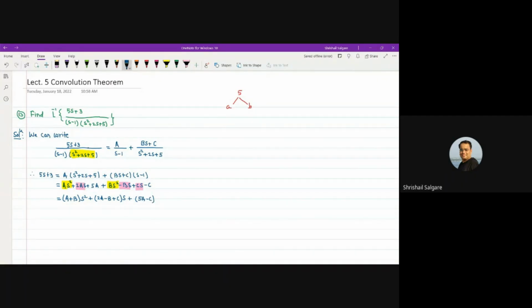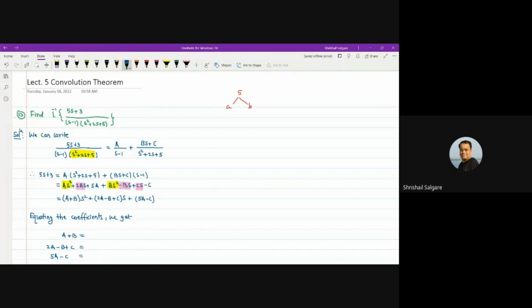Equating the coefficients, we will get A + B equal to, can anyone help me write the right side term? 2A − B + C equal to, 5A − C equal to.